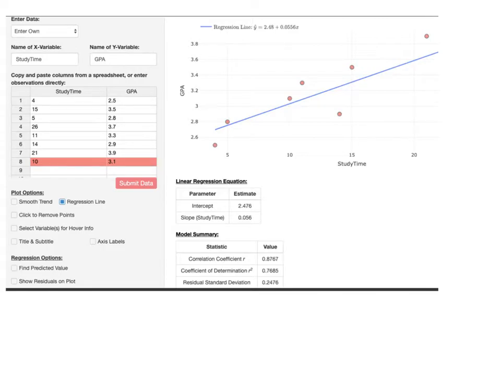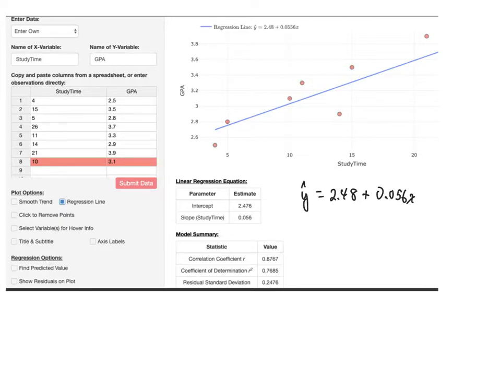So in particular, it will tell me the equation of the regression line, and you'll often see it written like this. You'll see y hat, that little thing over the y, we call that a hat, is 2.48, just rounding that off, plus 0.056x, like that.